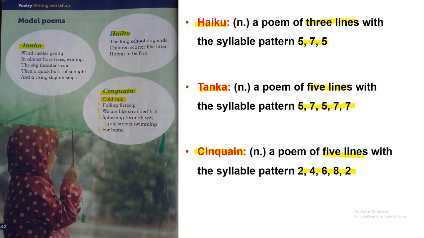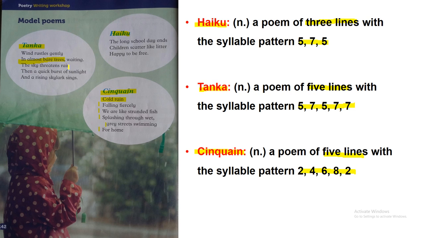Okay, let's return back and read the model poems that we have together. Let's start with the tanka. The tanka here speaks about the weather. We have here wind rustles gently. Rustle here means blow, so the wind blows gently in almost bare trees.